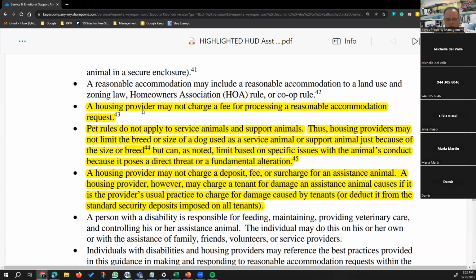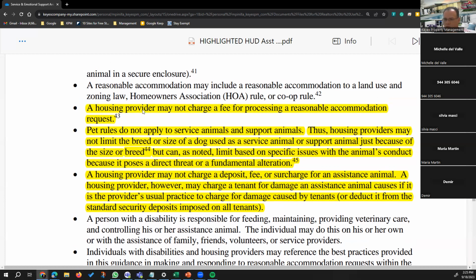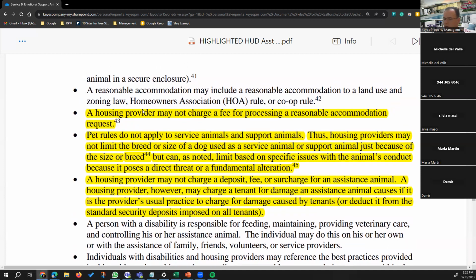But unfortunately, a lot of tenants don't have the finances or don't want to fight it. And the realtors certainly don't want to fight the fight because they want to be able to rent again. And if you get blackballed from that association, especially if you deal with them quite a bit, you don't want to be blackballed, right? So a housing provider may not charge a fee for processing a reasonable accommodation.